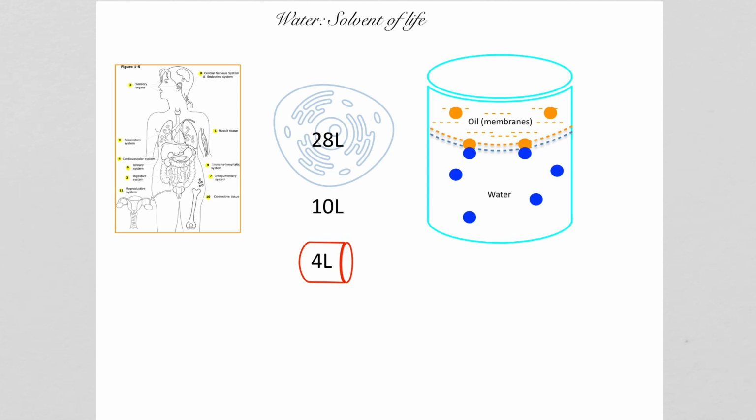So in the average 70 kilogram human, there is approximately 42 liters of water. Again, these numbers that we are giving in these videos are very approximate, depending on the size of the person, sex, and so on. Since fat adipose tissue is devoid of water, the percentage of water in an average female or in an obese person would be slightly less than in an average male or a thinner individual.